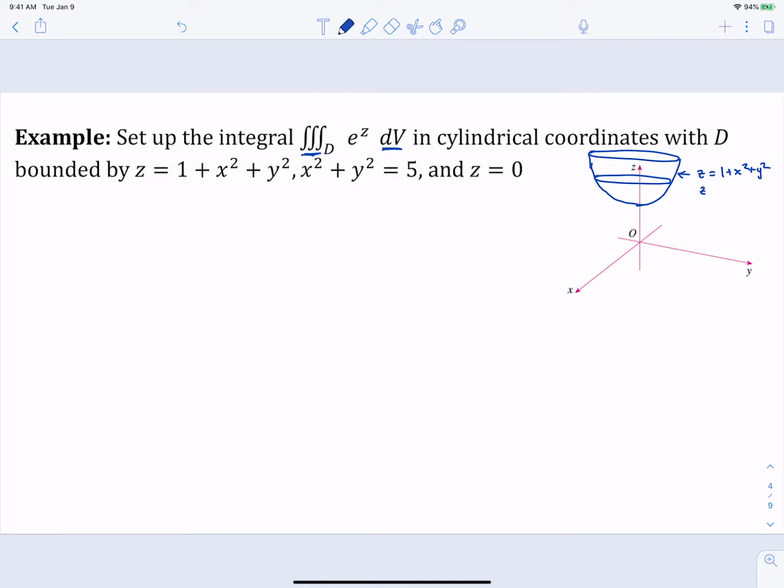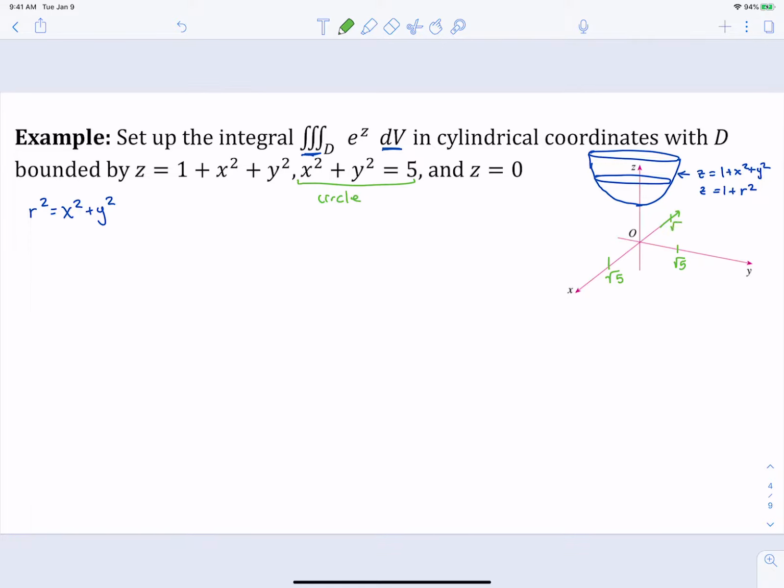We can rewrite that as 1 plus r squared with our cylindrical coordinates, because r squared is equal to x squared plus y squared. That's just something that's true from the Pythagorean theorem. And then we're also talking about this circle, x squared plus y squared equals 5. That is a circle with radius square root of 5.